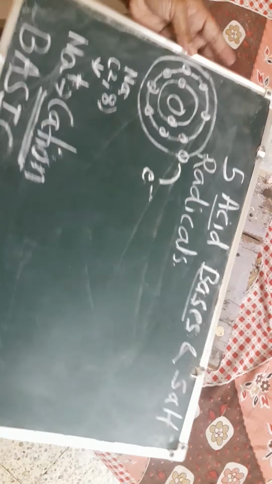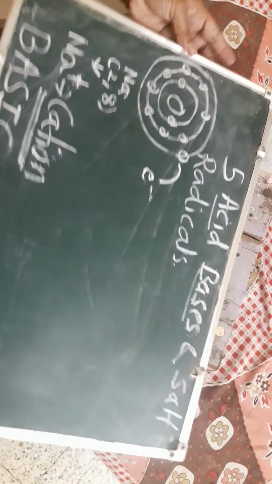There are many acidic and basic substances which we use in our day-to-day life, like buttermilk, tamarind pulp, lemon juice, lime water. These are different acidic and basic substances. So how do we identify basic and acidic substances?